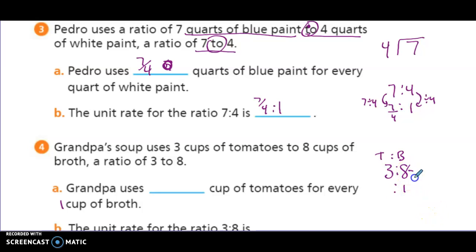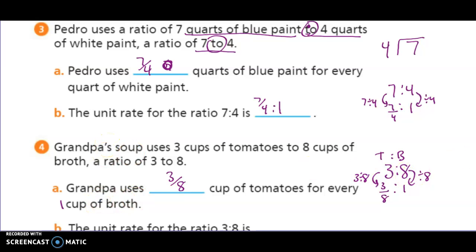I can use my division skills, 8 divided by 8, and then I can reduce this side by the same thing, 3 divided by 8, and they said I could leave it as a fraction, 3 divided by 8. So he would use only 3/8 of 1 cup of tomatoes for every 1 full cup of broth.